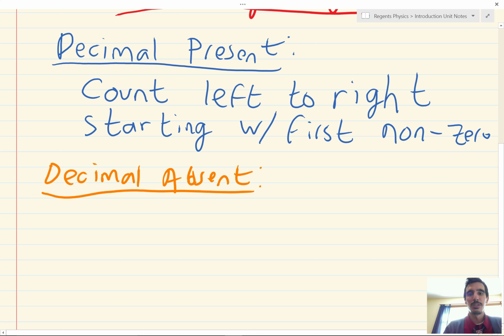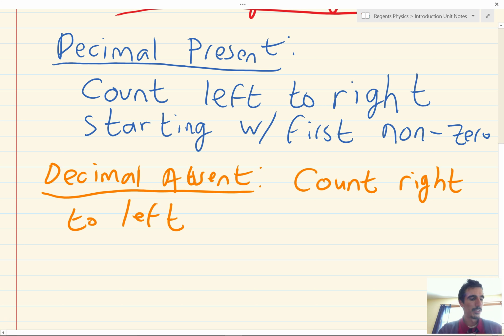This time we count in the opposite direction, from right to left, and this is also starting with the first non-zero number.